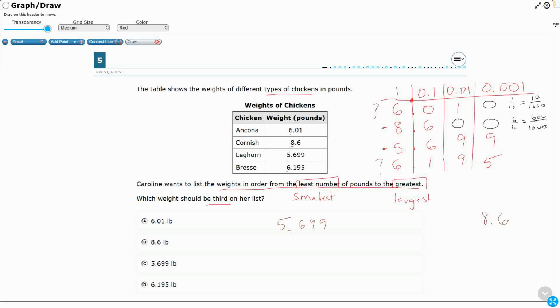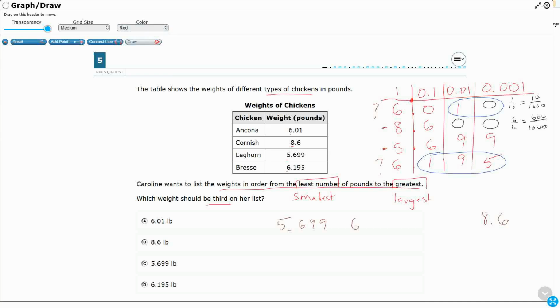Now, we've got 6 and 195 thousandths, and then 6 and 1/100th, but really that's 10 thousandths. So we're really just looking at these two spots right here: 10 thousandths versus 195 thousandths. If we think of thousandths as the unit, 195 is a lot larger than 10.